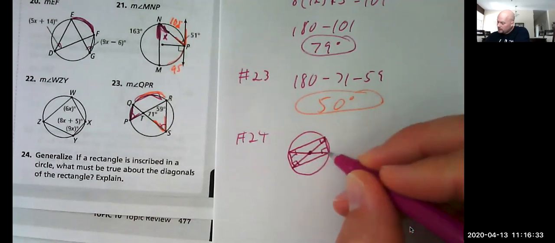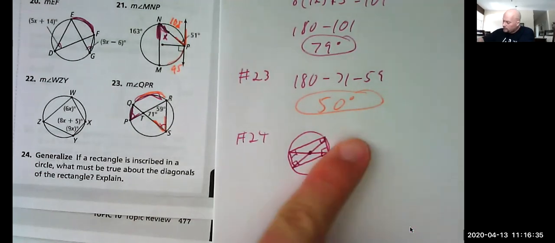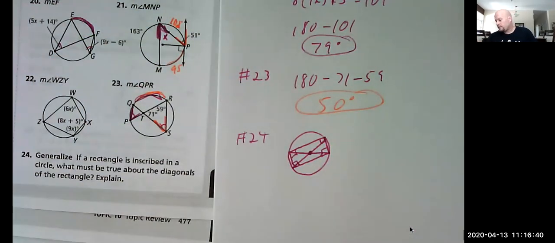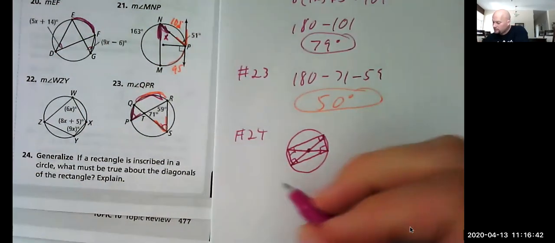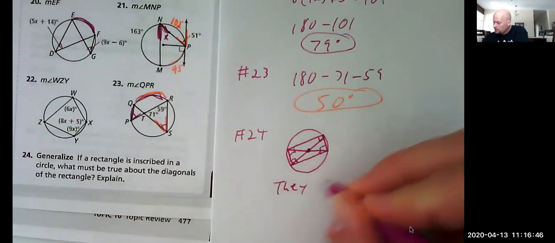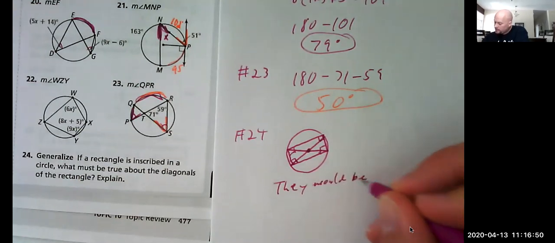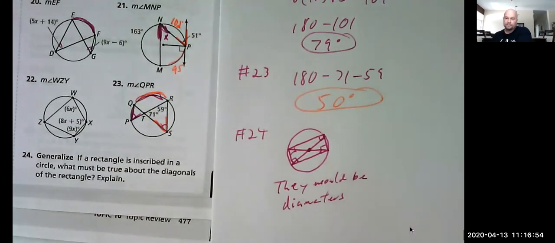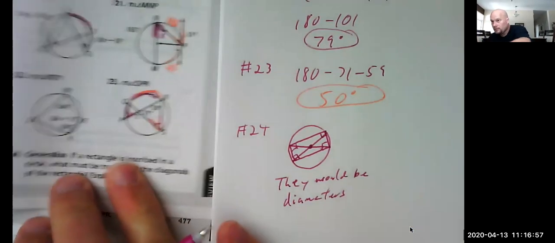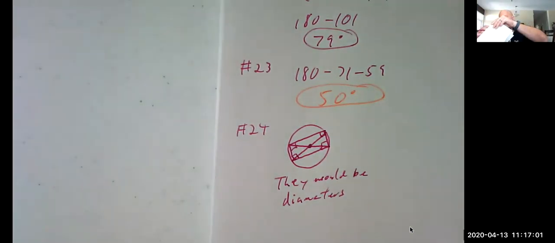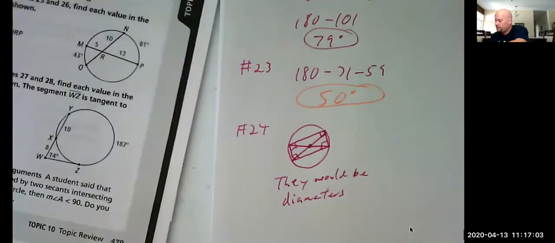Anytime there is a right angle, it is inscribed into a semicircle. So what's true about the diagonals? They are the diameters of a circle. They would be diameters. All right. Let's go on to 25.